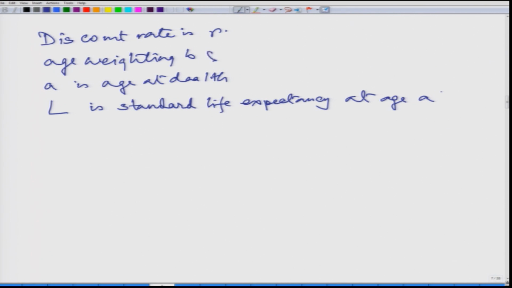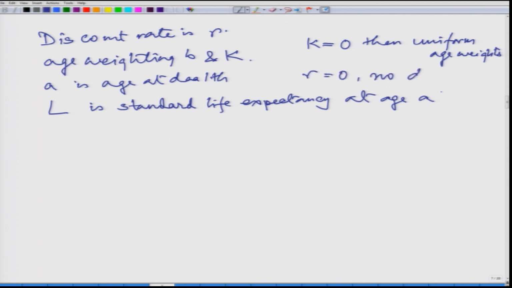Age weighting is B and K. So what does this K mean? When K is 0, then we have uniform age weights. When R equals 0, then we are not doing any discounting of the effect of the disability on the life years.